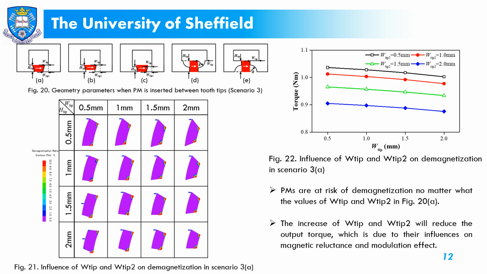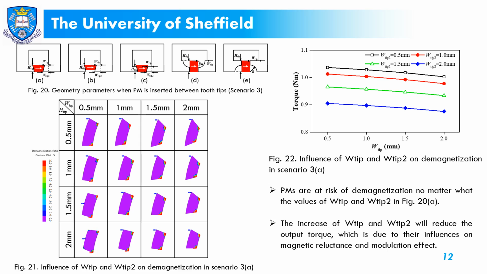The second tooth tip is shown in Fig 20b, and the demagnetization in Fig 20b can be predicted from Scenario 1 and Fig 20a.